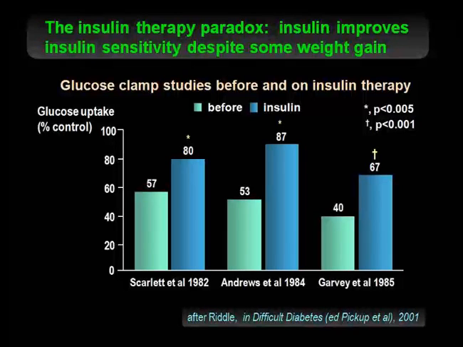And again, you have this paradox that insulin improves insulin sensitivity here from 3 different studies, despite some weight gain. But that fits nicely again with the hypothesis that if you remove the calories from the center to the periphery, then you're going to improve the liver's function. And if you measure that as insulin sensitivity, it will improve.